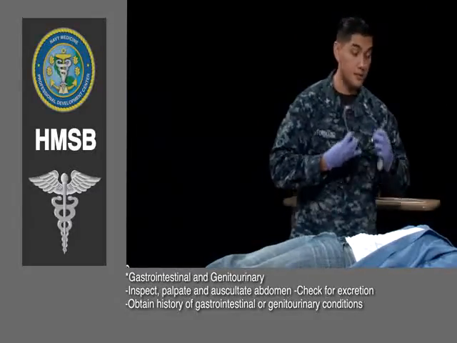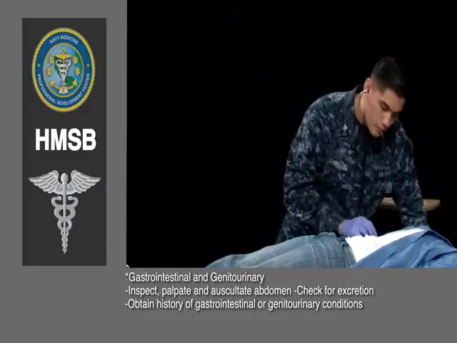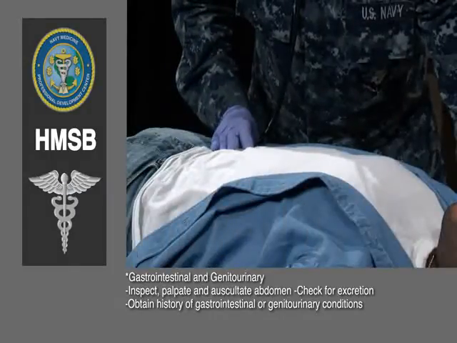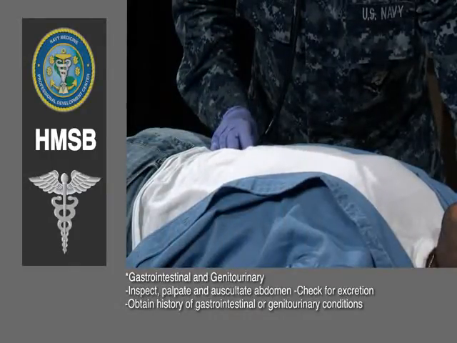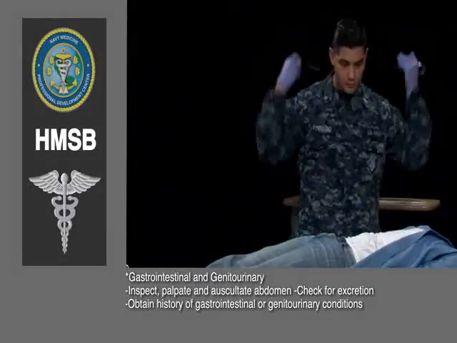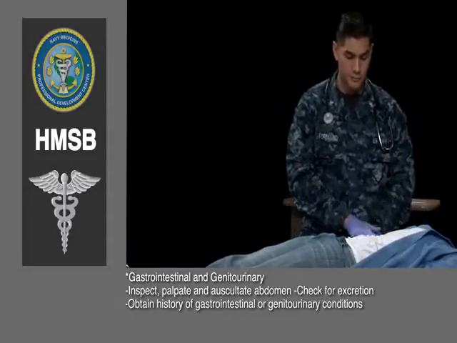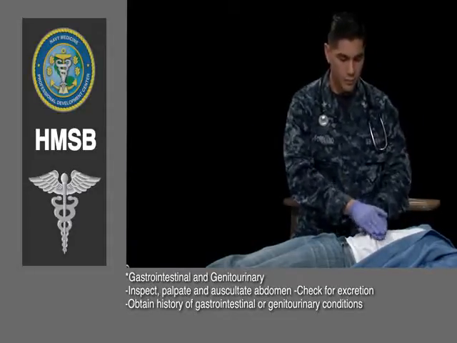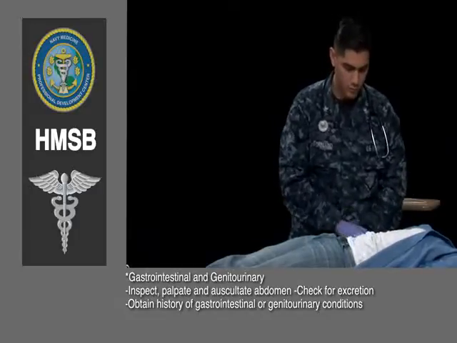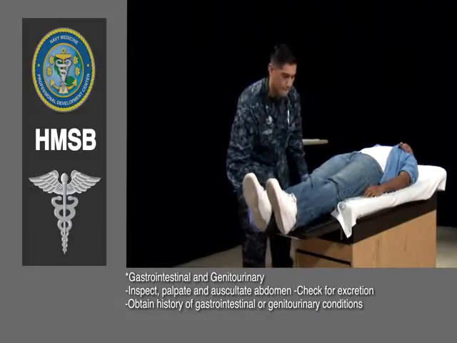I'm going to listen to your bowel sounds. Now I'm going to feel your abdomen. Let me know if you feel any pain or tenderness. Okay. Okay, you can sit up now.